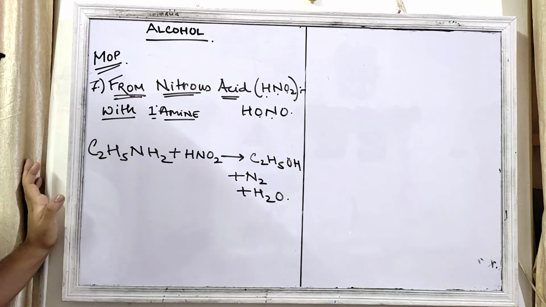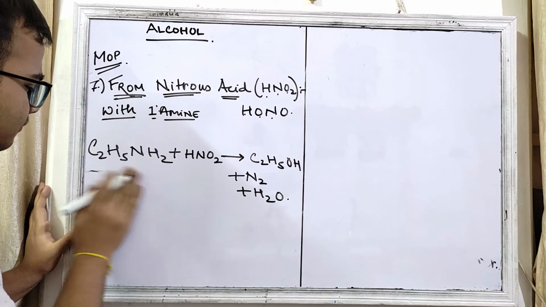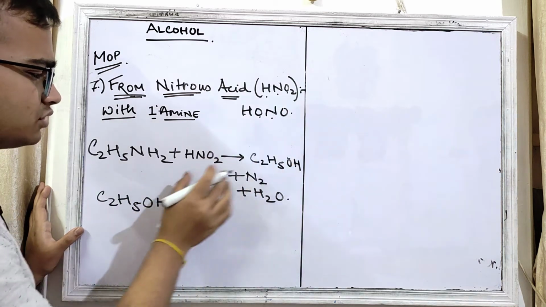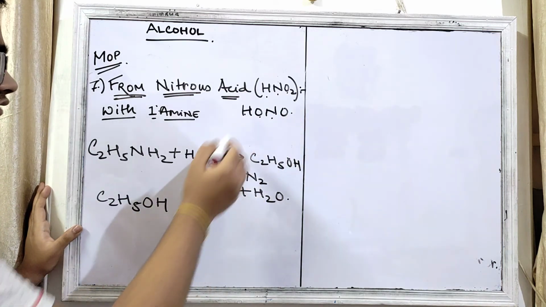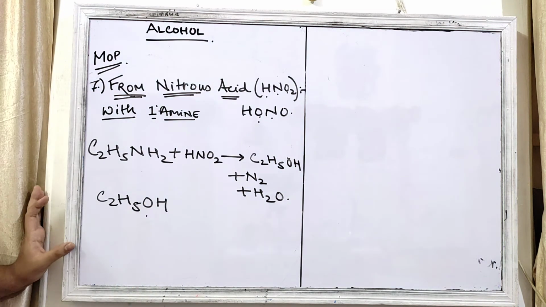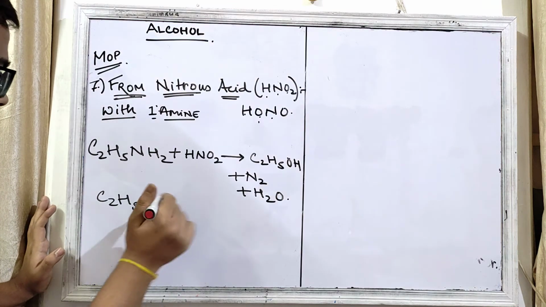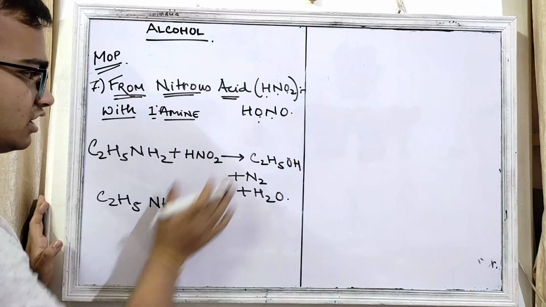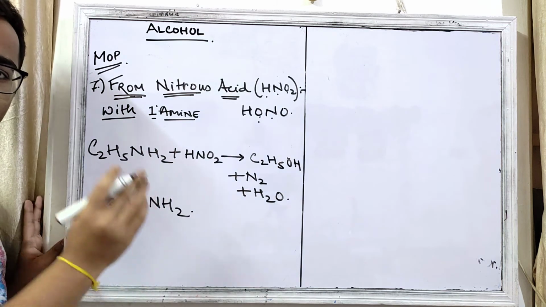Now there is a trick for remembering what the product will be. So consider this example only, C2H5NH2. Now I will write HONO below this in such a pattern so that this N and this N are just below each other.